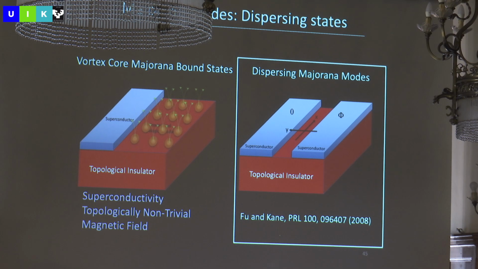Multiple groups have seen these vortex bound states. Normally, in regular systems, it's really hard to distinguish between a Majorana bound state, which is supposed to occur at zero bias, and the regular Caroli-de Gennes-Matricon bound states, which also happen inside the vortex cores, because they all get bunched together.